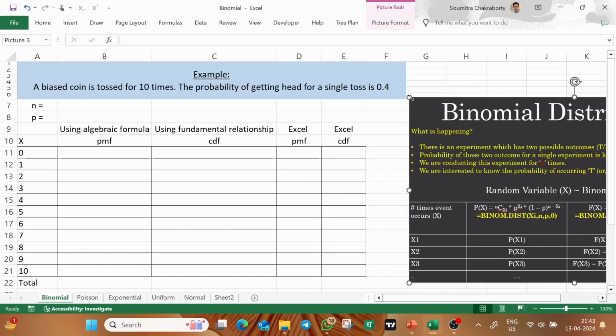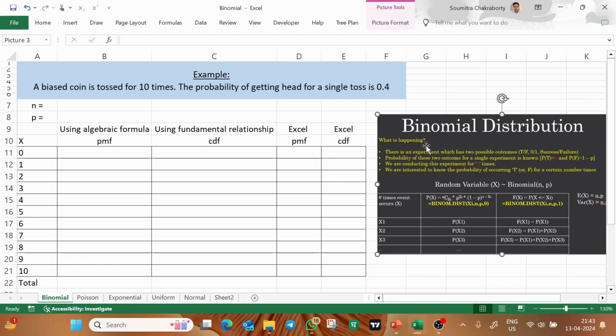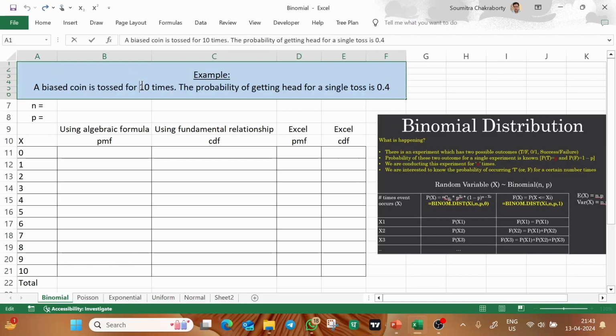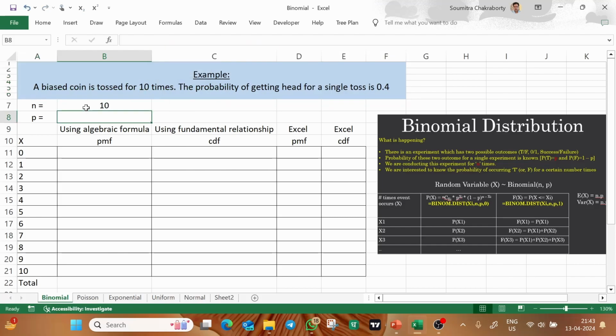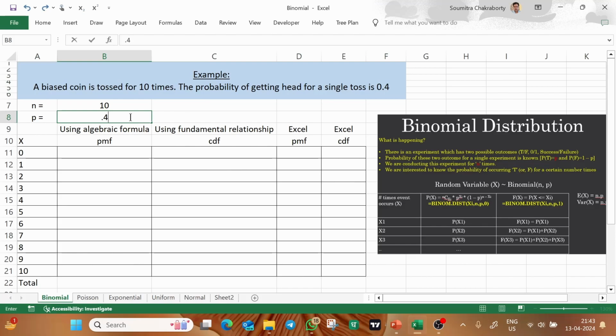In this case, the tossing experiment we are conducting how many times? It is clearly given, 10 times. So n is equal to 10. And what is p? p is the probability of getting a head for a single toss, that is equal to 0.4.